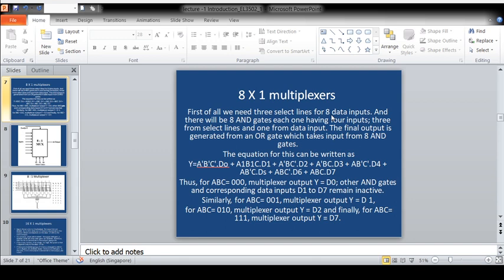Then an 8 to 1 multiplexer is possible. Here D0 to D7 are the inputs, because there are 8 data channels. Out of these, one data channel is selected and available at the output, and this is decided by the control signals A, B, C.